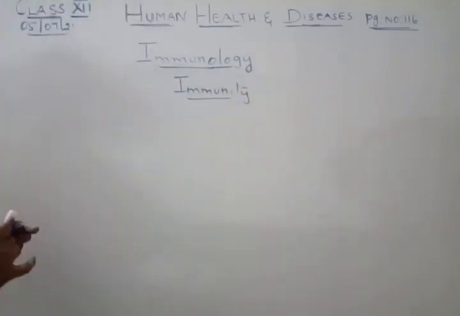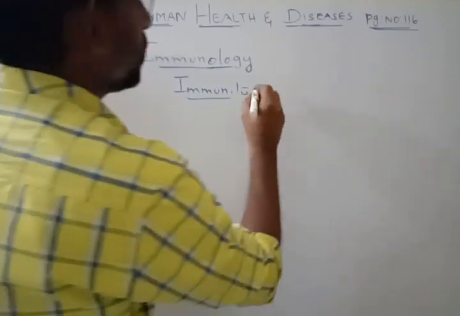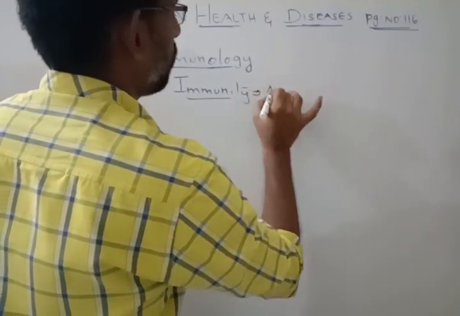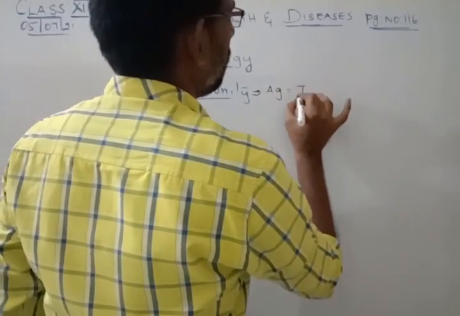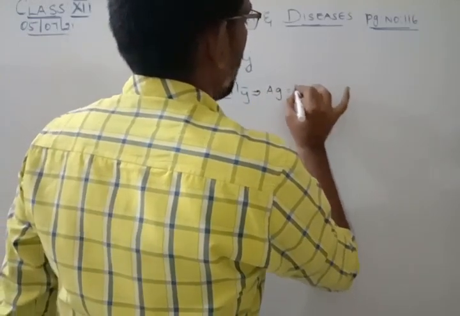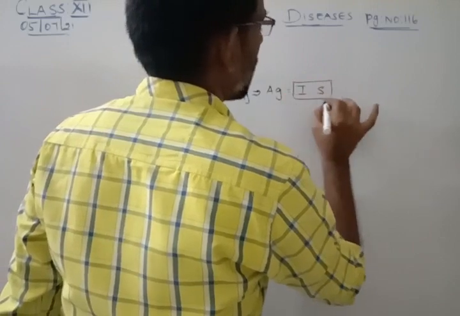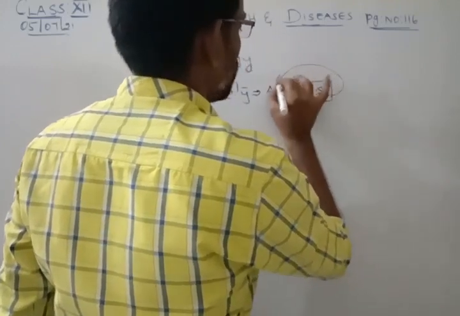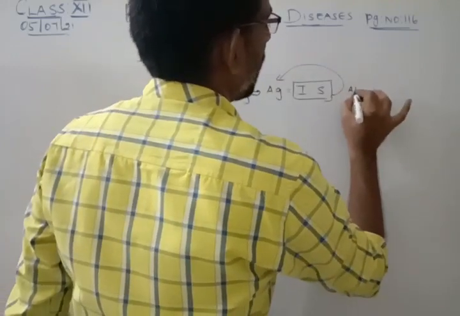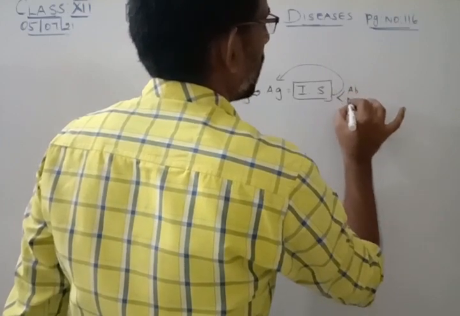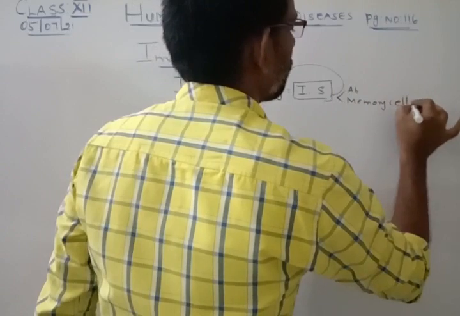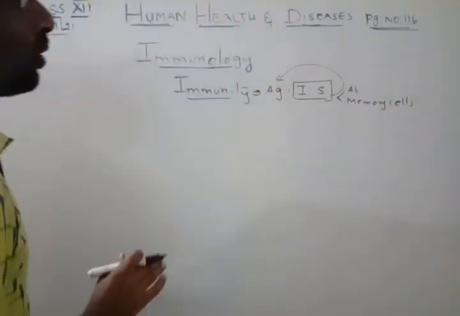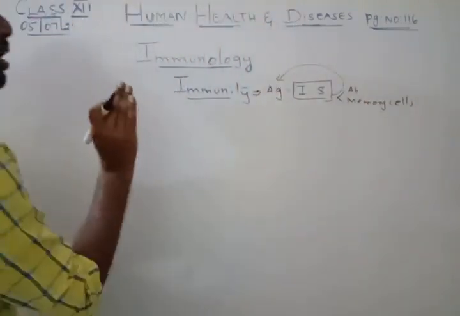As soon as the antigen has entered the body, it has contact with the immune system, and your immune system will start responding to this antigen by producing antibodies as well as some memory cells. So the entire process is called immunity.